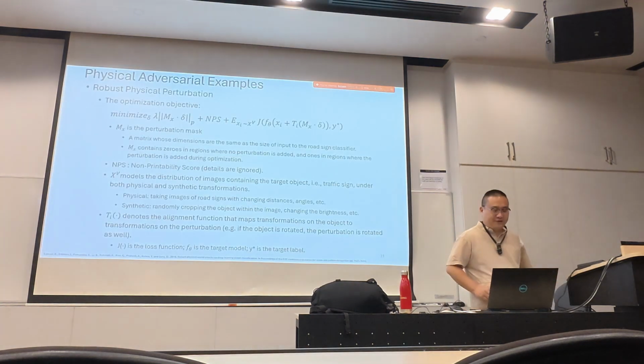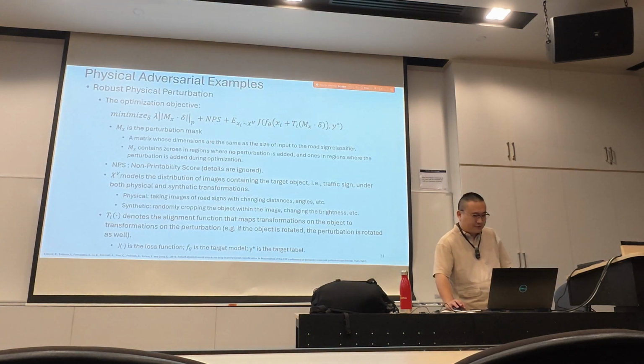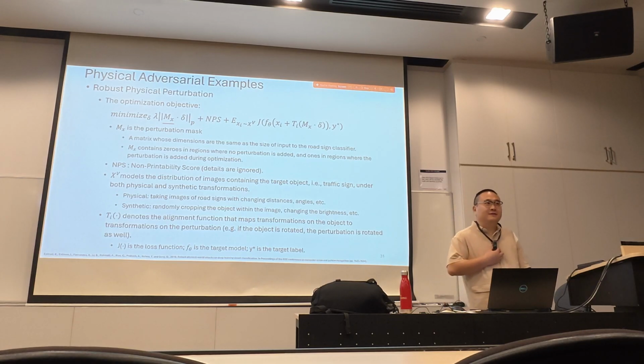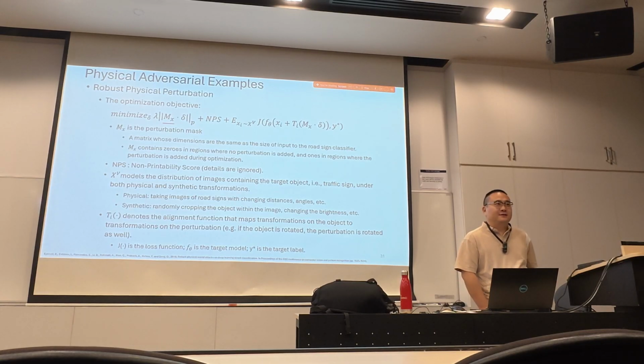So let's continue. First let's discuss this one. When you implement the physical adversarial attacks, somehow you forget to multiply the mask in the first term. So what will happen? Will it make your attacks fail, or does it not matter?